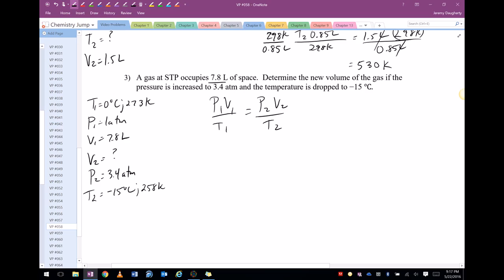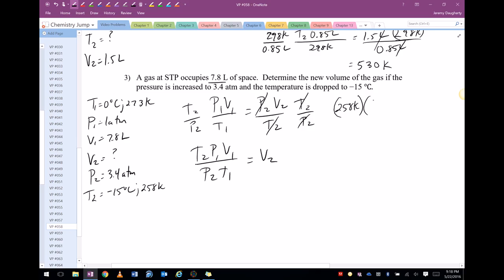Nothing disappears. I'm solving it for V2, so let's multiply both sides by T2 over P2. Those cancel out, so I get T2 times P1 times V1 over P2 times T1, and that's all equal to V2. So I've got 258 Kelvin times 1 atmosphere times V1, 7.8 liters, all over P2, 3.4 atmospheres, times T1, 273 Kelvin.